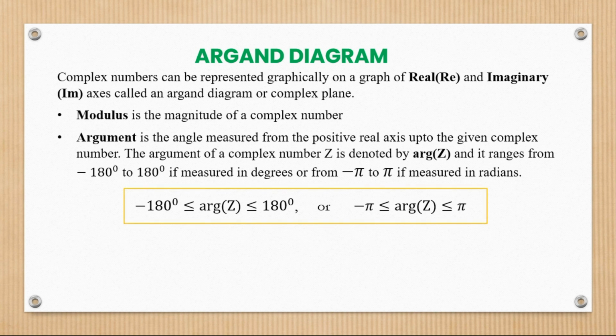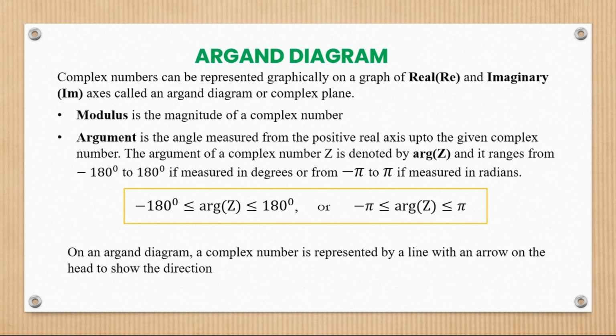So now in most of the numbers that we shall be doing, I'll also be representing my arguments as theta. So I'm going to be using theta preferably by choice to also represent arg, as we shall look at it. So on an Argand diagram, a complex number is represented by a line with an arrow on the head to show the direction.